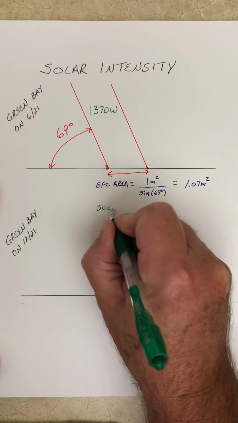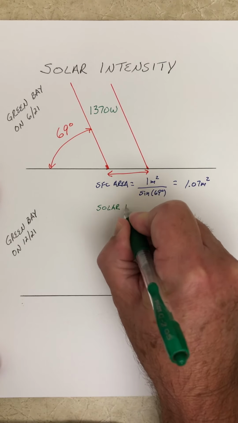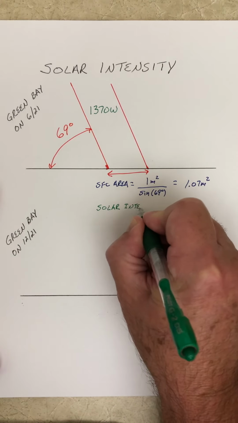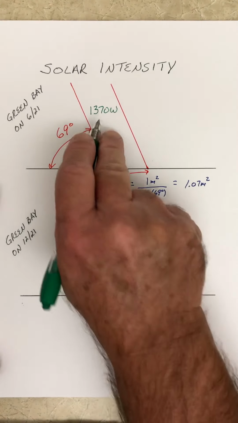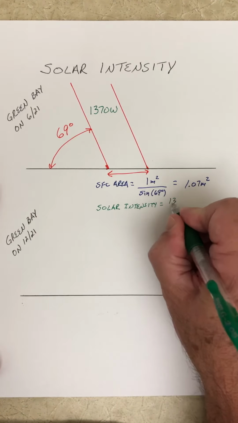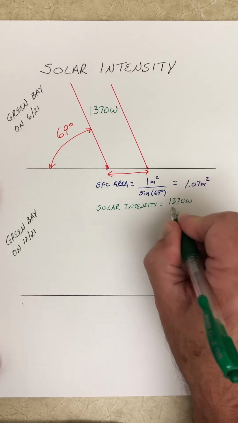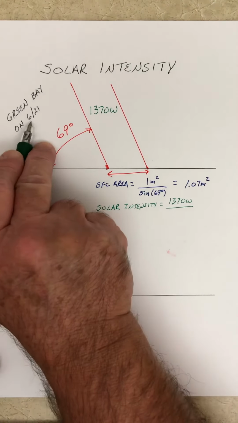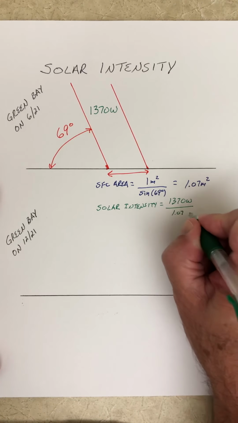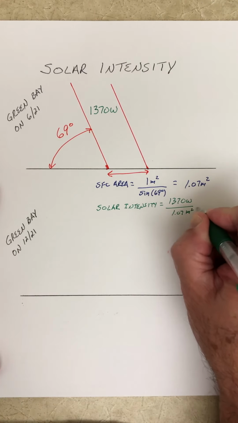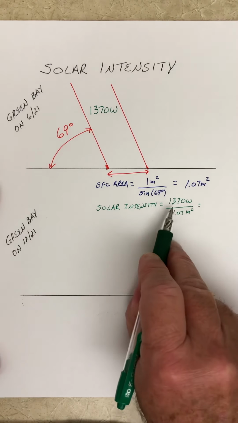So the solar intensity will be the 1,370 watts, being spread out on this day, June 21st, over 1.07 square meters.